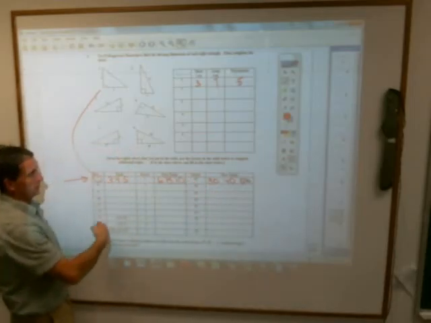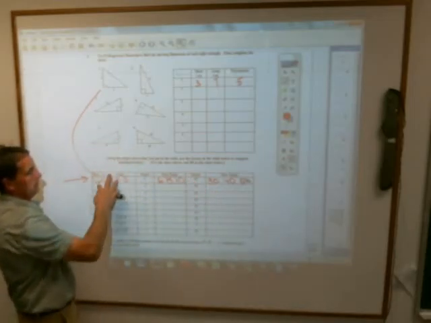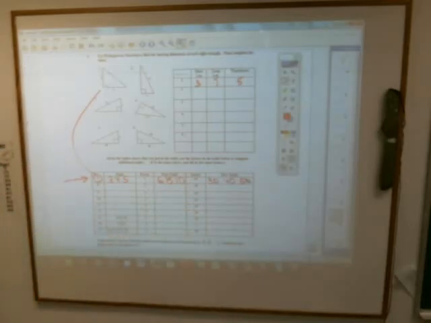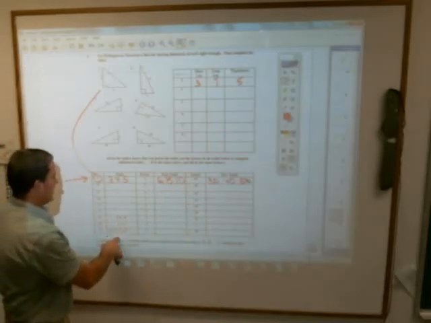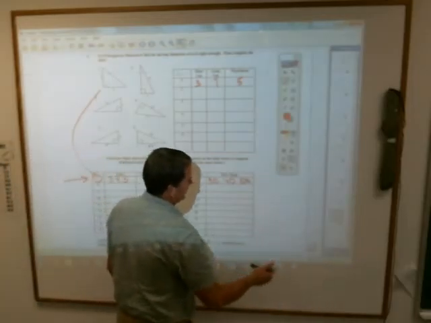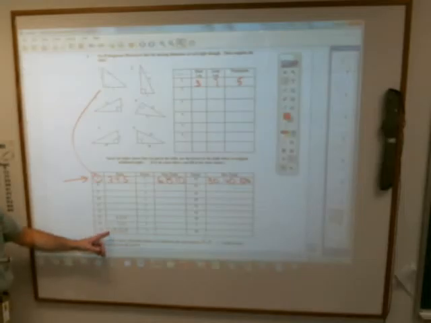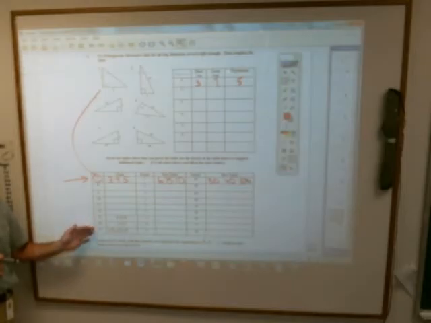And you're just going to do that for all of these here. They give you these at the bottom. And here's something to think about. What about the last one, where it's 3 square roots of 7, 4 square roots of 7, 5 square roots of 7? Is that a triple?